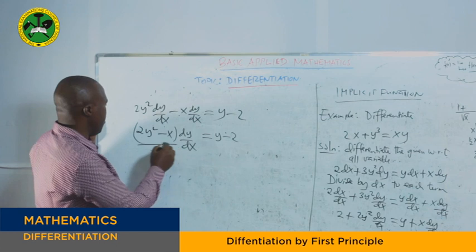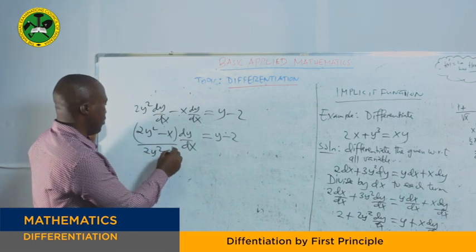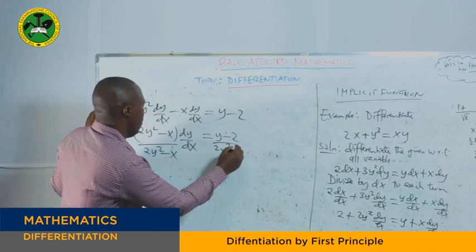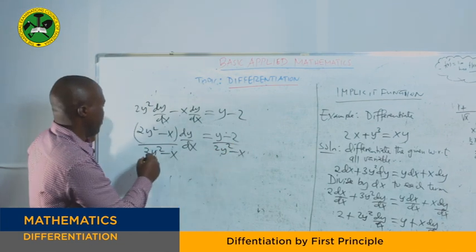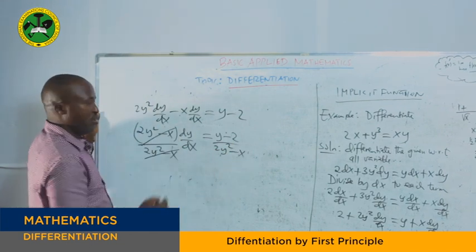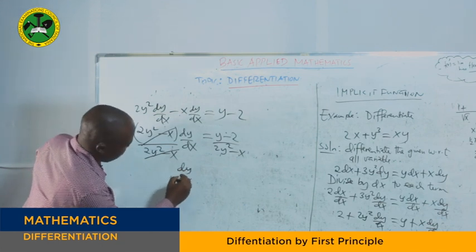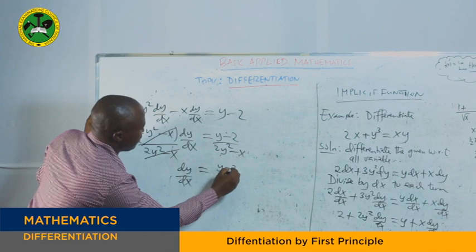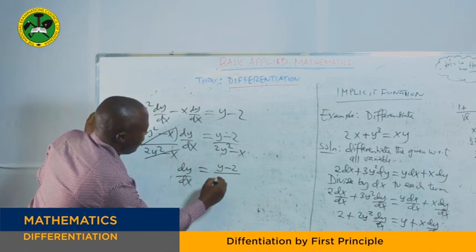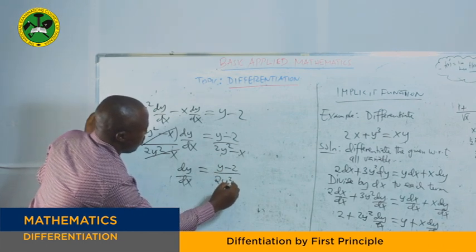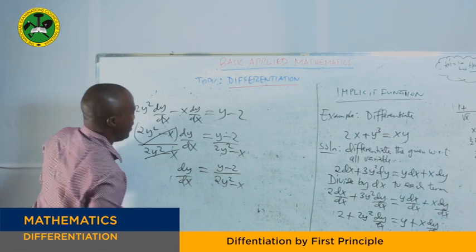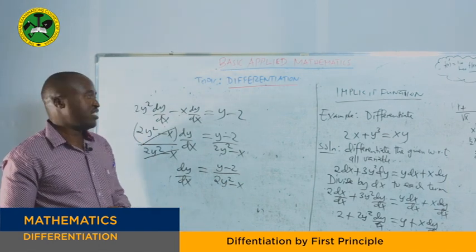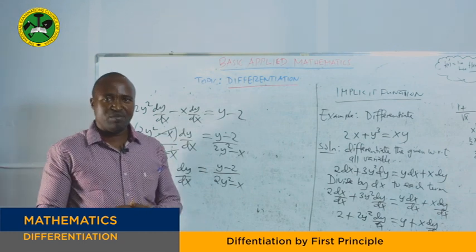So we just divide by 2y² minus x from both sides. We are going to remain with dy/dx is equal to (y minus 2) over (2y² minus x). That will be the final answer for our example.